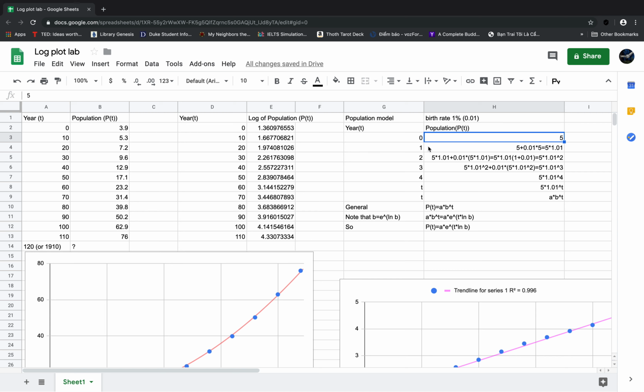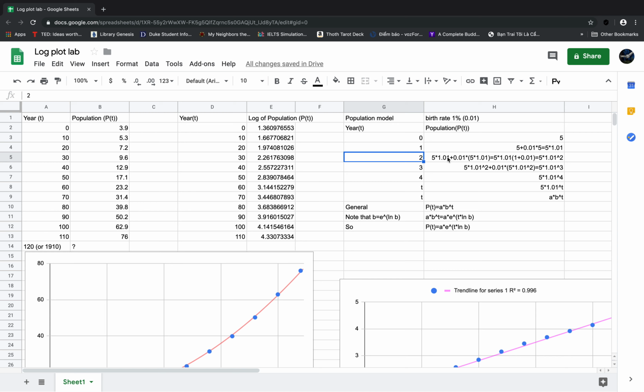That means, say, after the first year, the population is 5 multiplied by 1.01 million, right? So at the beginning of the second year, or the end of the first year, we will have this many people, 5 multiplied by 1.01.